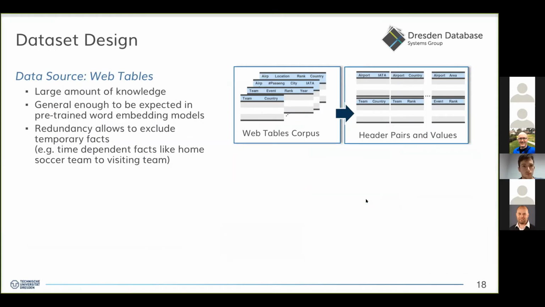Web tables are our data source because they contain a large amount of publicly available knowledge, and knowledge which is general enough to be expected to be represented in pre-trained word embedding models, and they contain a lot of redundancy in the data.